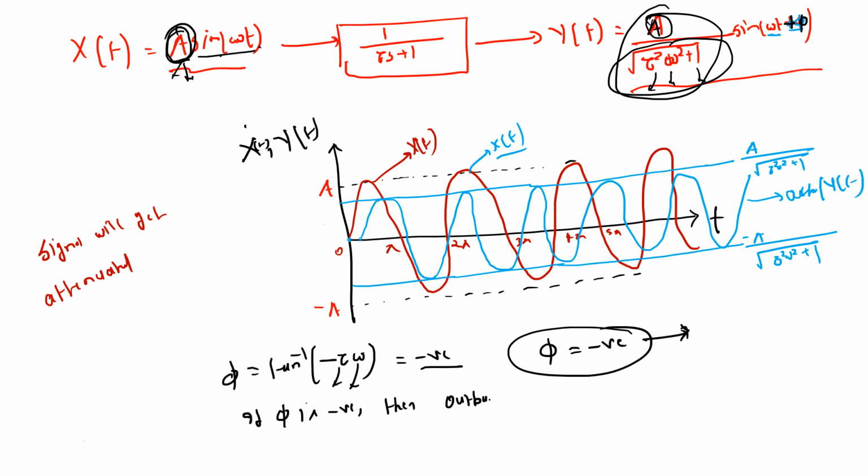Your output y(t) will lag the input by an angle phi. Here you can see your output is lagging the input by this particular angle.